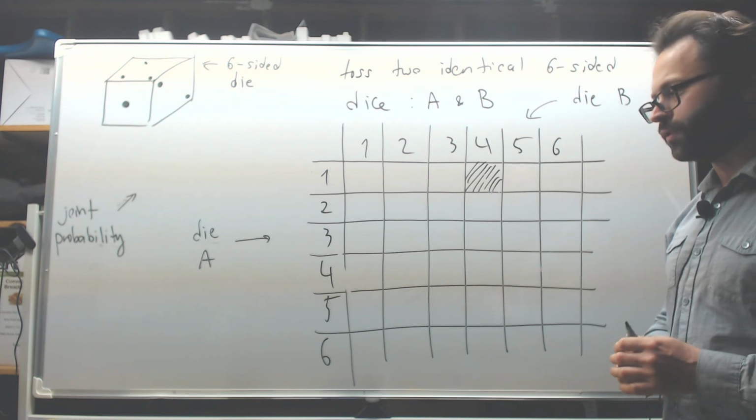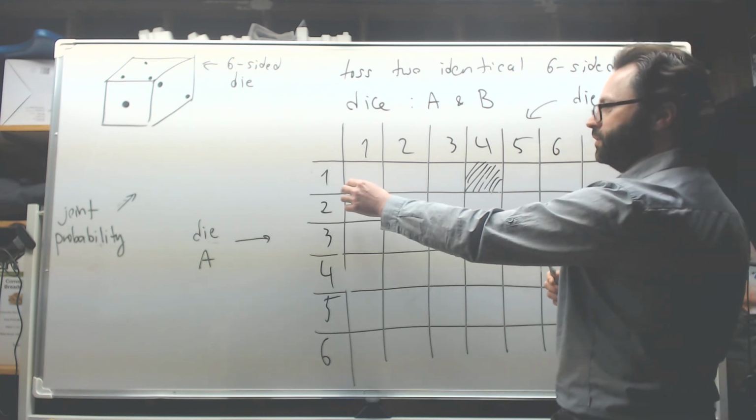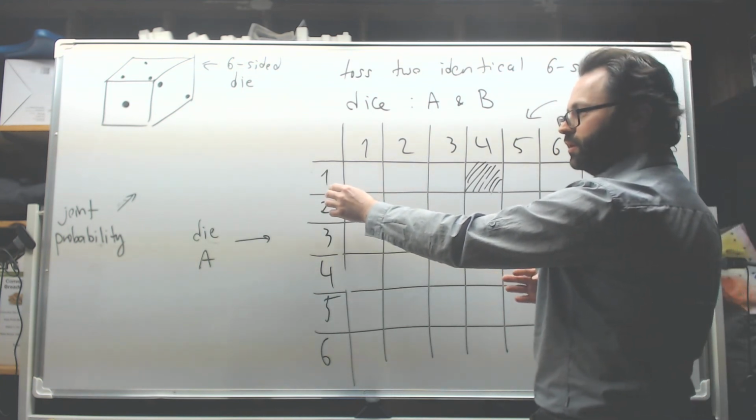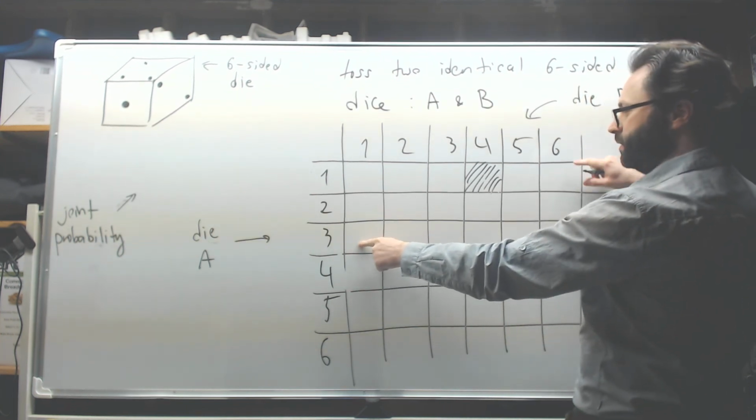Well, we might ask for the probability that we get either a 1 and a 4 or a 3 and a 6.